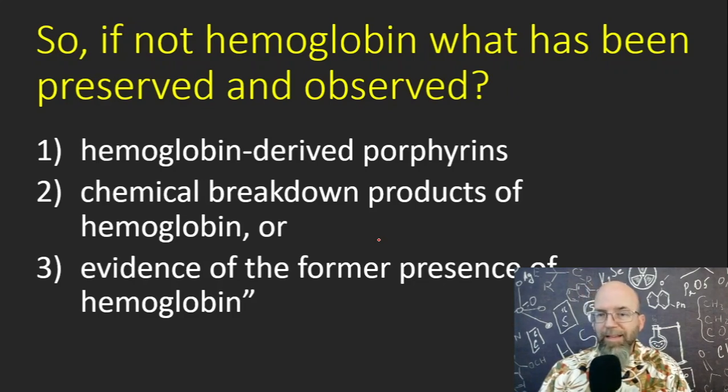Or you could say they're the evidence of the former presence of hemoglobin, right? There's something that's in the fossil that tells you hemoglobin was here sometime in the past. But the actual hemoglobin molecule isn't present. Possibly some of the atoms from that hemoglobin molecule are still there, but they're not in the state that they were when it actually was hemoglobin.